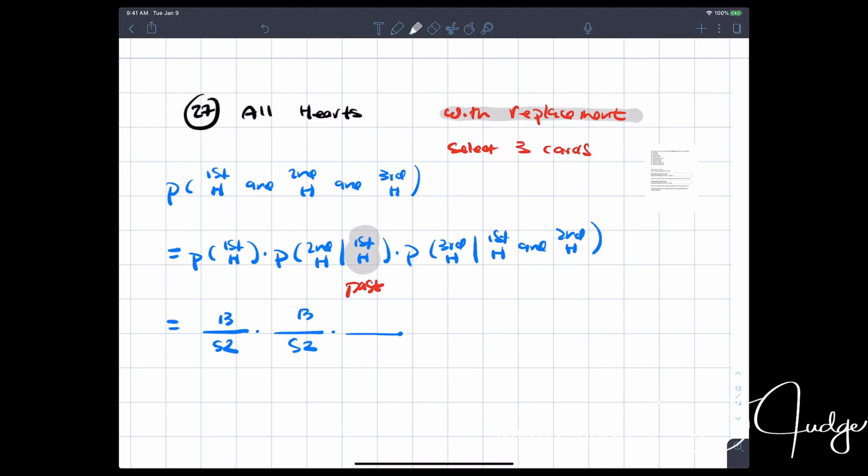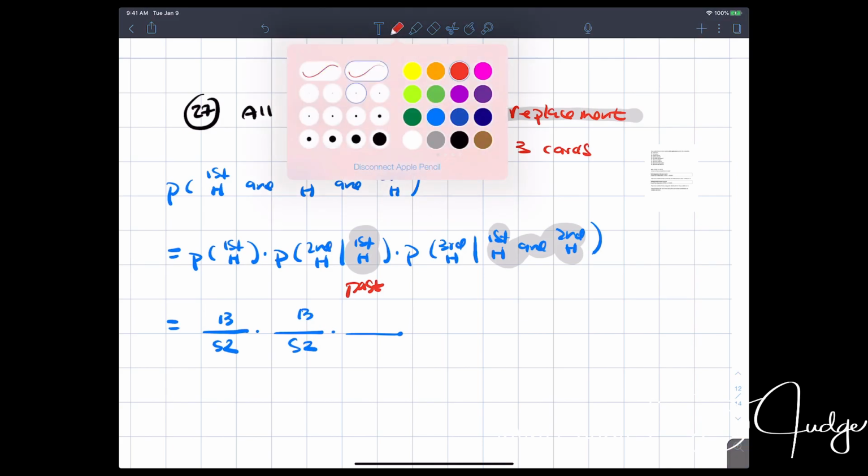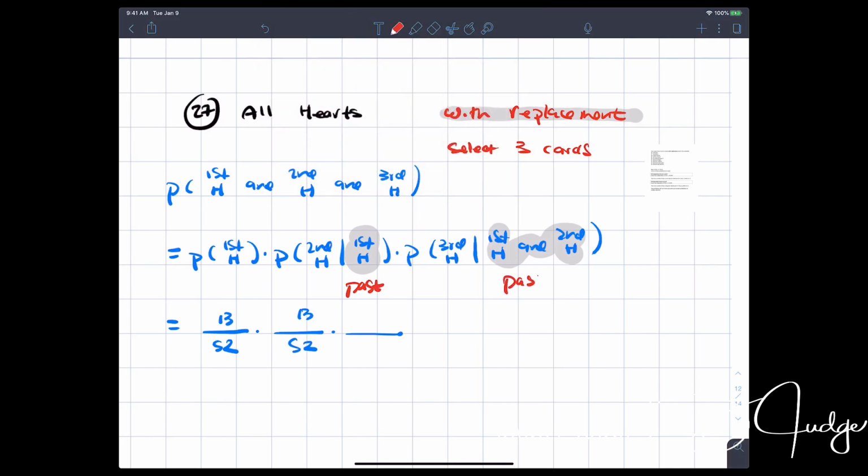The next probability, what we know in the past, is that the first card selected was a heart, and the second card selected was a heart. Remember, since your past doesn't matter, you put those cards back in the deck because this is with replacement, right? So the chance that the third card again is a heart, because it starts all over again, is 13 out of 52.